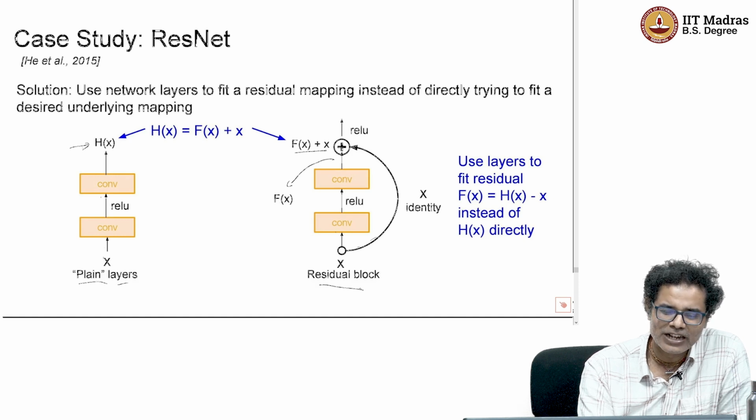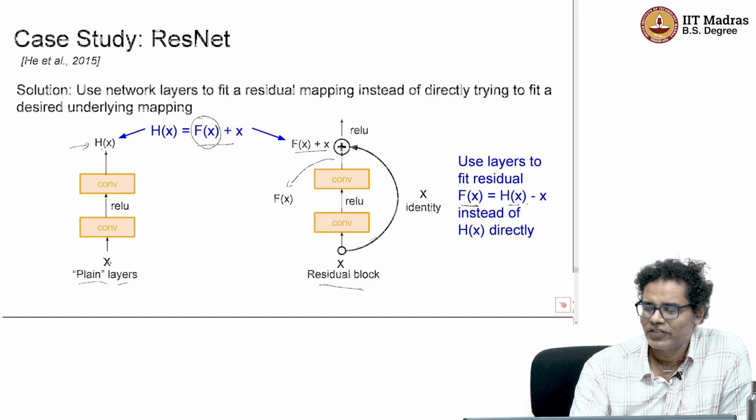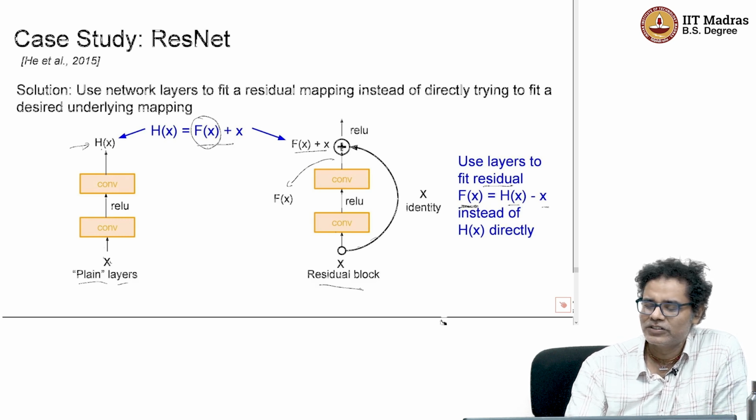Whereas here I was directly supposed to go from x to h of x, now I go to x plus f of x. So in some sense this is nothing but the residual, because f of x is h of x minus x. We are just learning the residual f of x instead of the whole function.